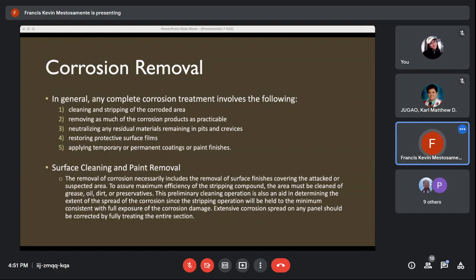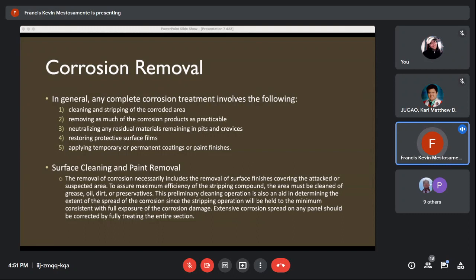Check natin with the aircraft manual kung ano yung nilagay nilang protective coating. Kung may paint, balik natin yung paint. Applying temporary or permanent coating or paint finishers afterwards. So after the surface film, kung meron, kung wala, we go on to the paint. Kasi kahit nilinis natin, tinanggal natin yung corroded part, if we did not cover it back, magkakaroon ulit tayo ng redox process or corrosion process.